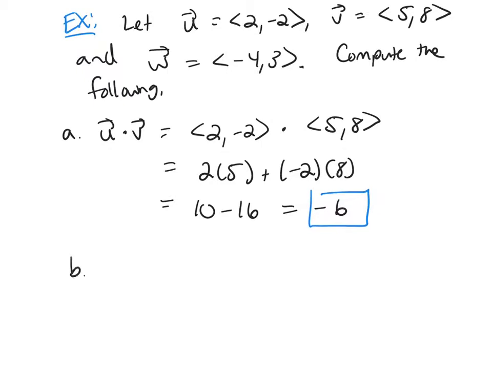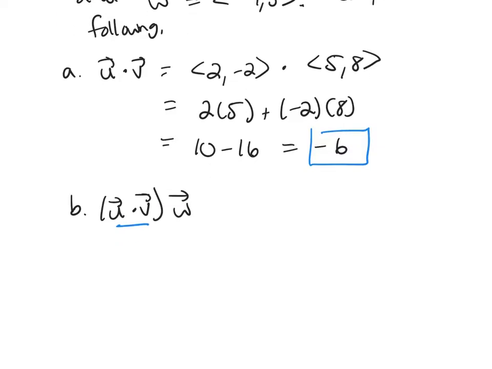Okay, let's compute now u dot v with w. Now first, let's look at what kind of answer we're going to get. So here I have the dot product, which is a scalar, and I have a scalar multiple of a vector.